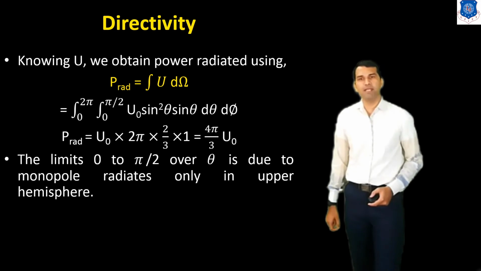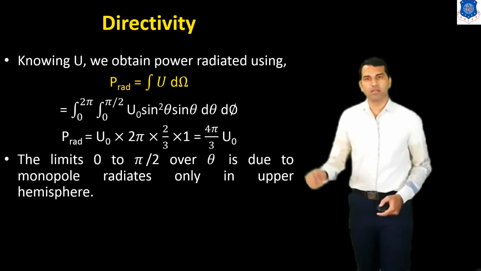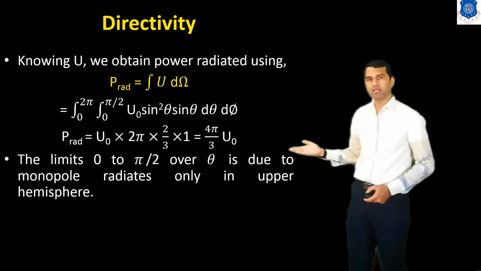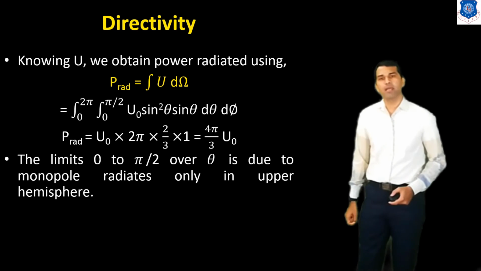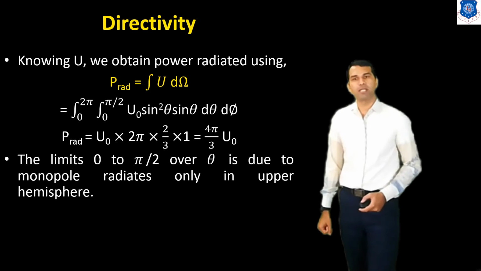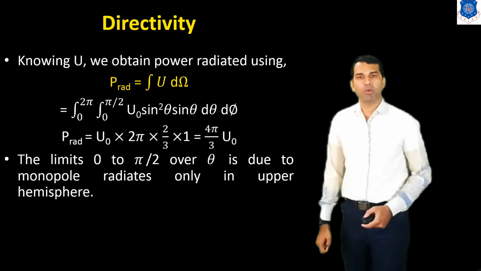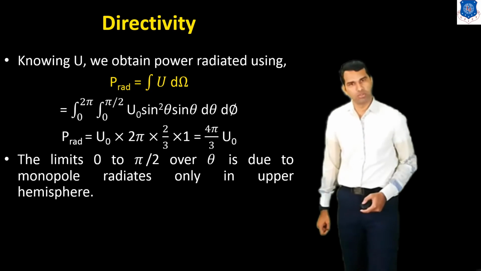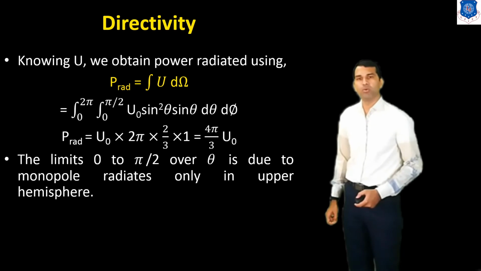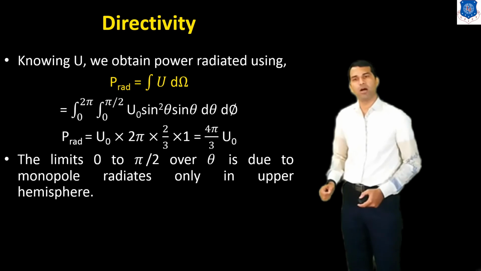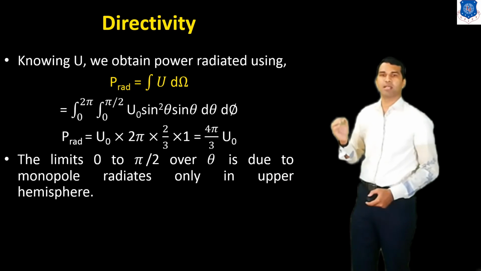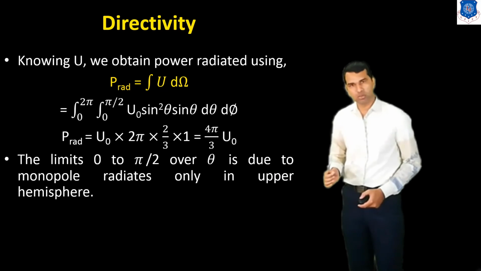When we solve this equation from the integration rule, we get U0 into 2 pi into 2 by 3 into 1. So the power radiated by this monopole antenna is equal to 4 pi by 3 U0. The limit 0 to pi by 2 over theta is because the monopole radiates only in the upper hemisphere. That's why we write 0 to pi by 2 instead of 0 to pi.